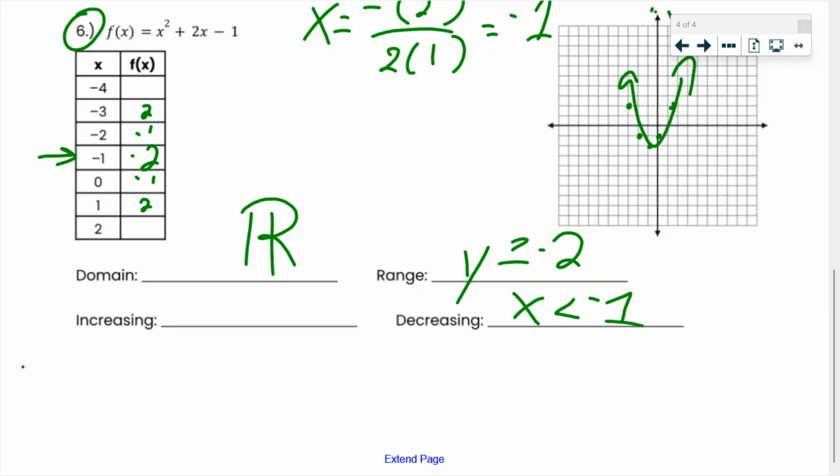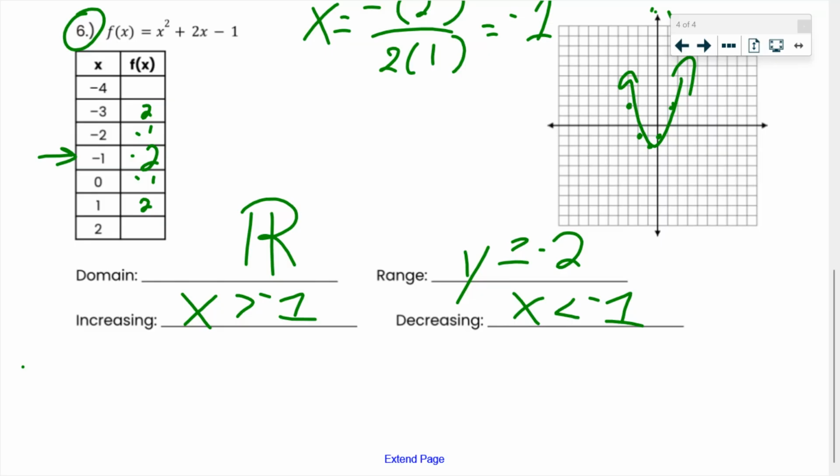Once you get past -1, what are the y values doing? Increasing. So when you're approaching -1, they're decreasing. You go past -1, they're increasing.